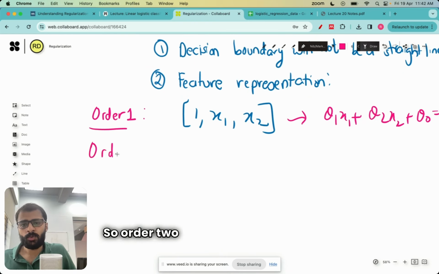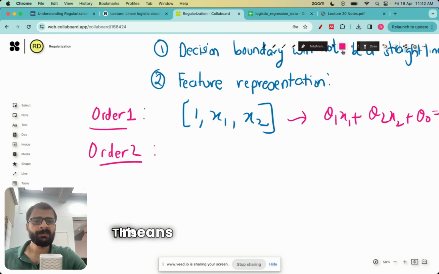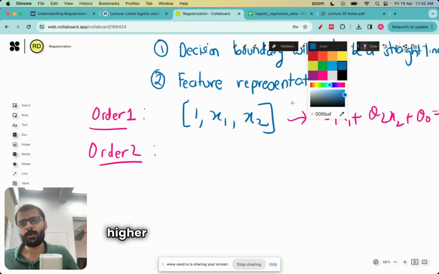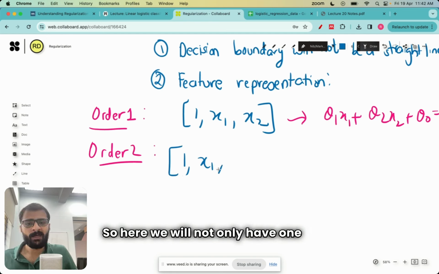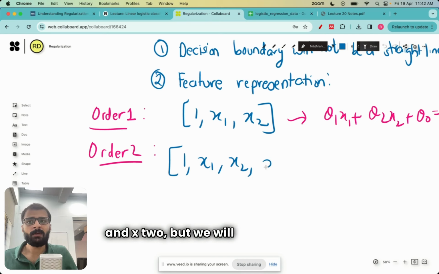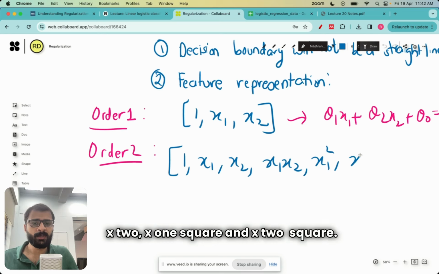So order 2 looks something like this. This means projecting the data to a higher order space of dimension 2. So here we will not only have x1 and x2, but we will also have x1 square and x2 square.